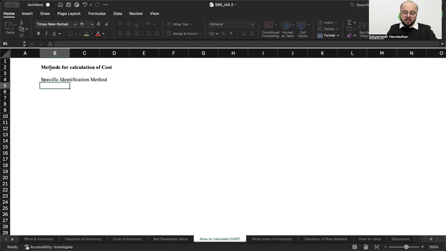This method is used when you are talking about a business which is making customized products for someone. So if I am making customized furniture for you, I'm making it specially for you. There is only one model of that type. So how much wood is used, how much polish is used, how much paint is used, this will be unique to that specific item. So in that case, you use the specific identification method.